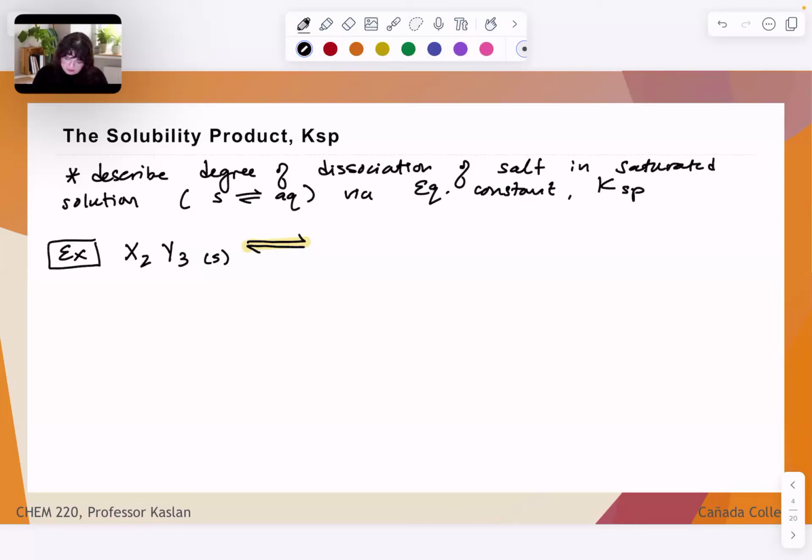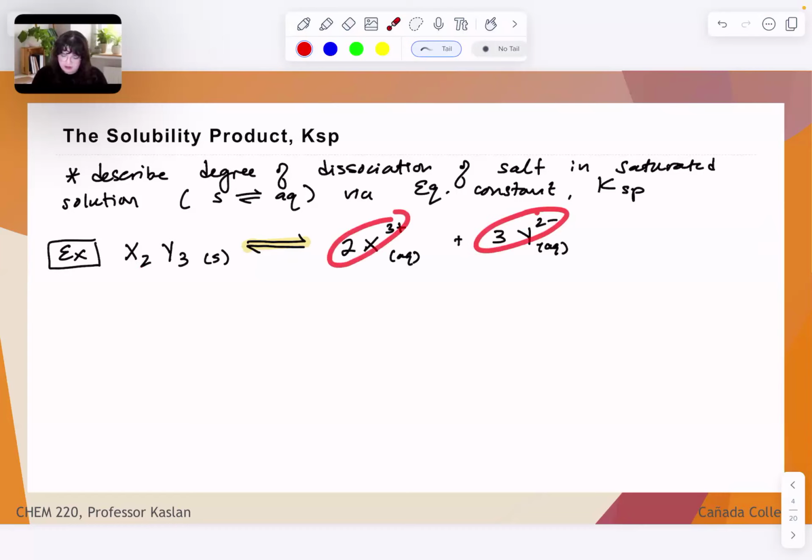So it's going to be 2 X ions and 3 Y ions, where the charges of these ions are something that we inferred based on what these subscripts were. So they were multiples of one another.